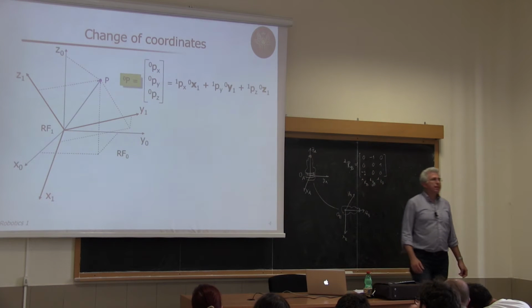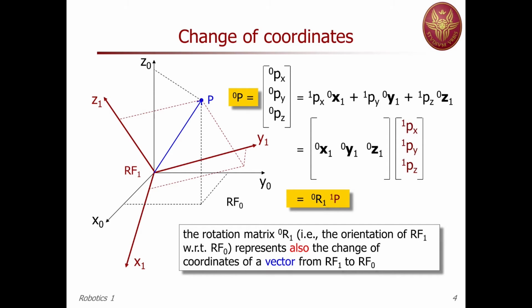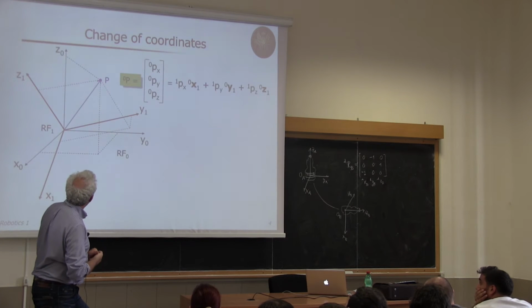Now, let's see another aspect. Let's go back to position vectors. We have this vector from the origin to P, or just P. We forget about the origin, so it's a vector P. When we say a point, we implicitly think of a vector going from the origin of the frame to that point.